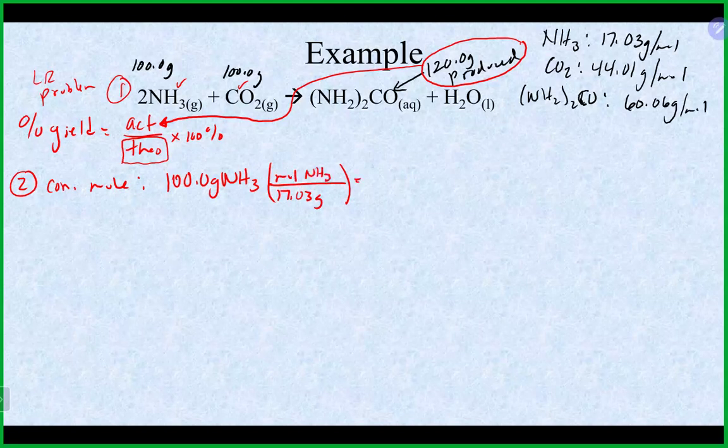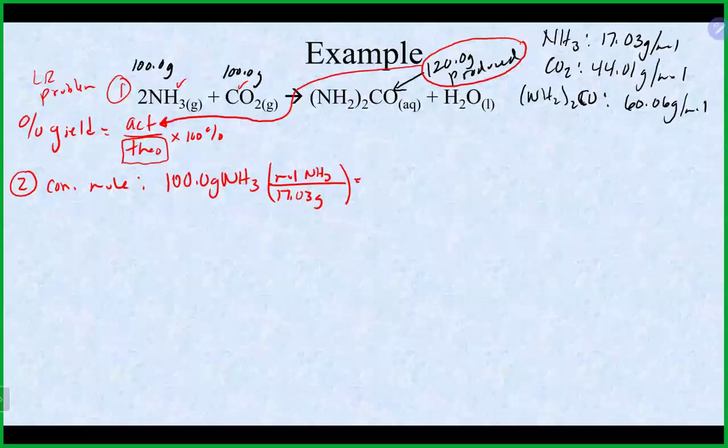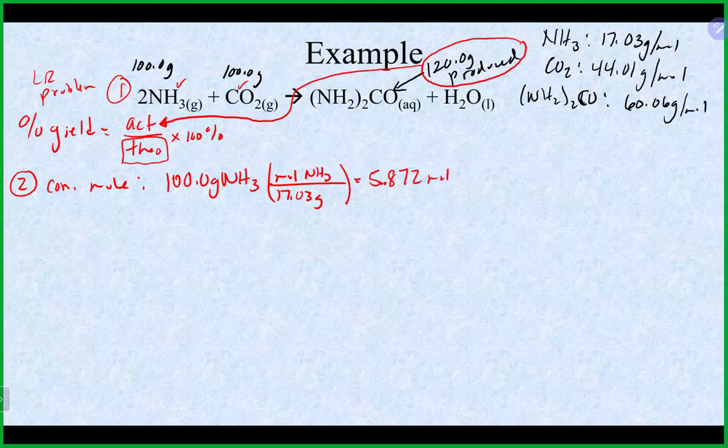So we'll take 100 divided by 17.03, which gets us 5.872 moles of NH3. We'll do the same thing for our other reactant, 100 grams of CO2, using the molar mass from the previous problem, 44.01 grams per mole.